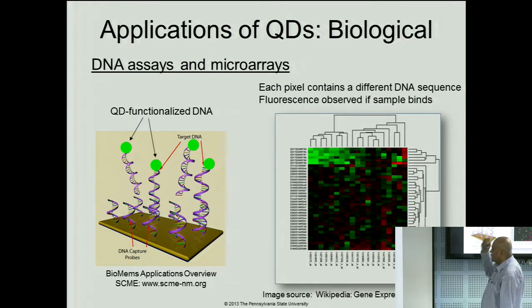The other place where quantum dots are being used, I think this experiment was mentioned by Professor Chakravarti on the first day, when he used a BioMEMS device for detecting DNA hybridization.